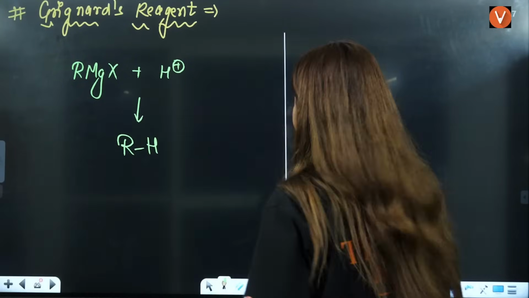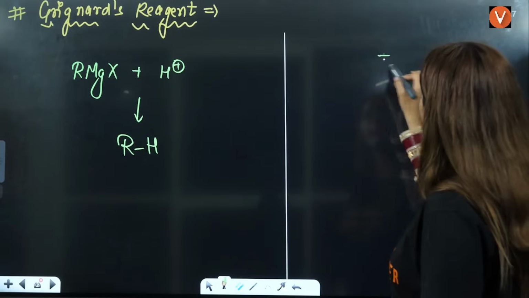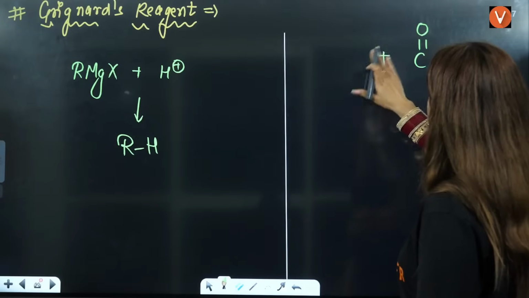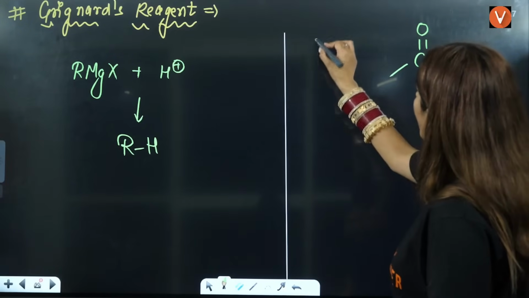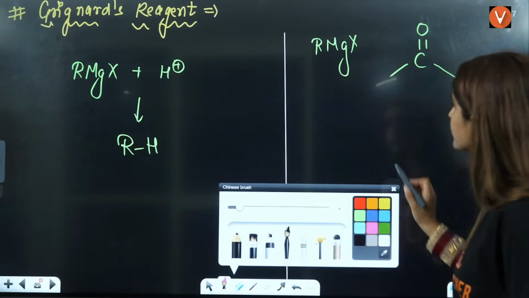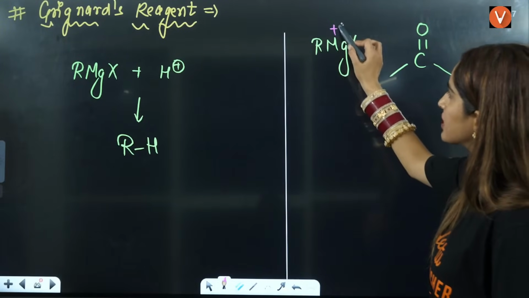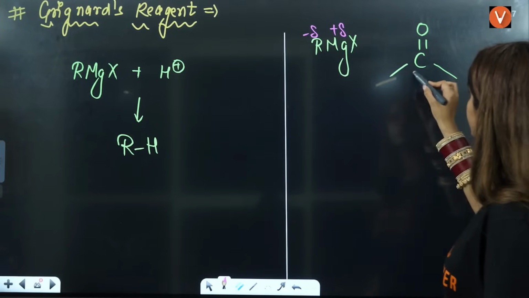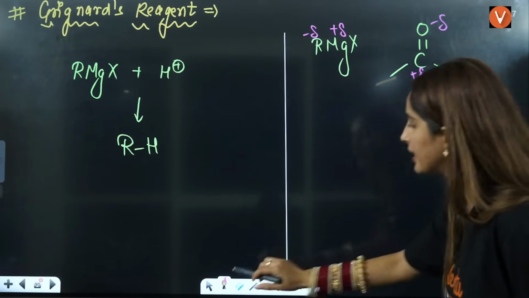But if you have any carbonyl compound here, any carbonyl group, and you have RMgX, then what will happen? We know that the carbon is partially positive and the oxygen is partially negative.